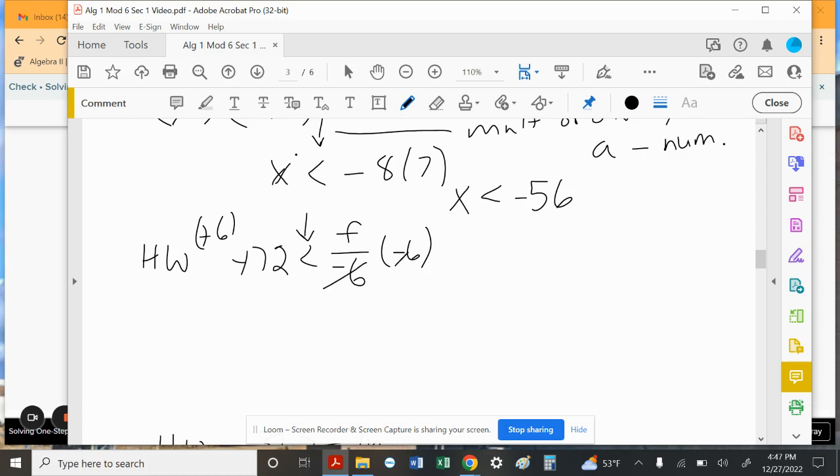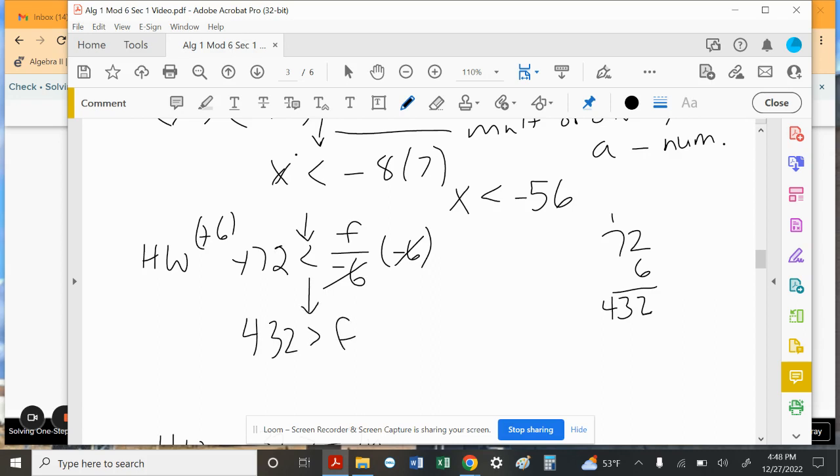Notice this negative 6 and that negative 6 cancel to become 1. So we have 6 times 72. And I can't do that in my head, so I'm going to go ahead and do this. 2 times 6 is 12. Carry a 1. 7 times 6 is 42, so 42, 43, so that's 432. So we have 432 is greater than f.